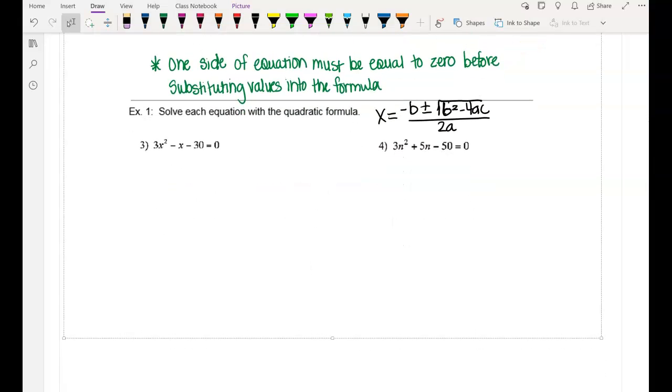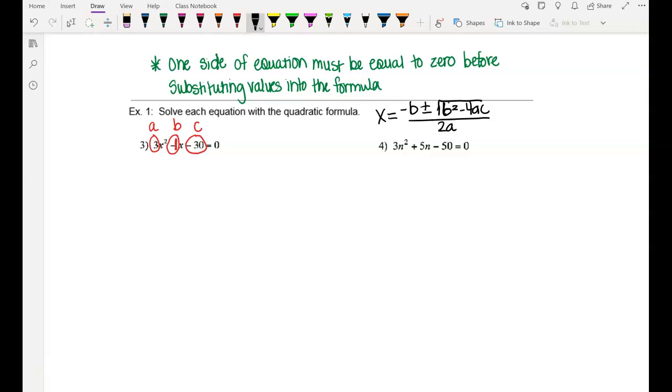So I look at number 3, 3x squared minus x minus 30 equals 0. One side is already equal to 0, so I can label my a, my b, my c. So in this case, a is 3. Since there's nothing in front of that x, it's a negative 1 is the value of b. And negative 30 would be the value of c.